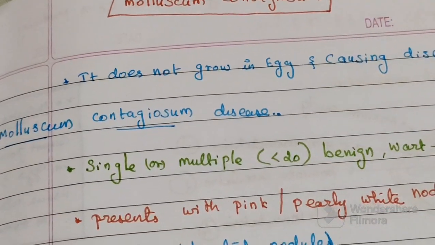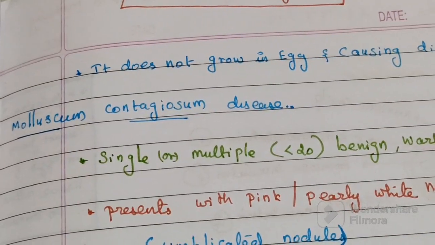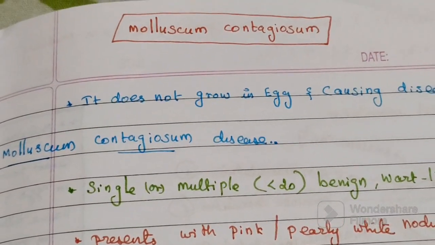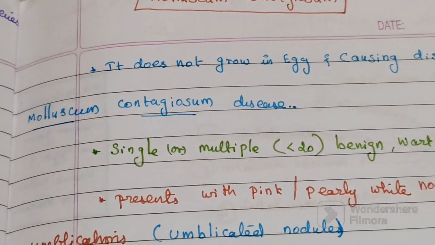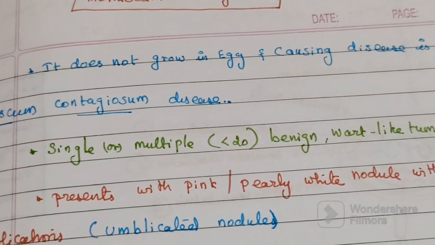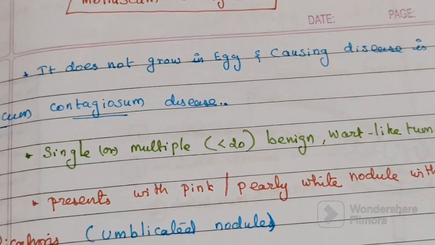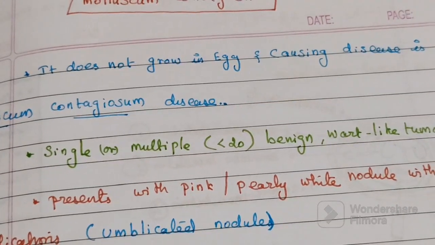So the third virus is called Molluscum contagiosum. The only virus which cannot be grown in egg, and the disease it causes is known as Molluscum contagiosum.